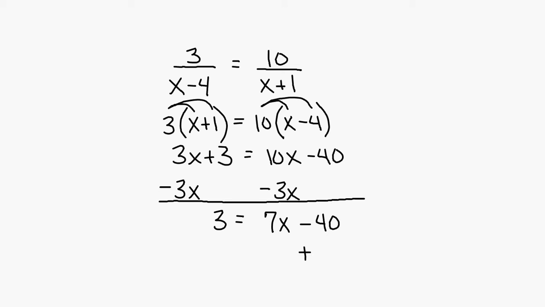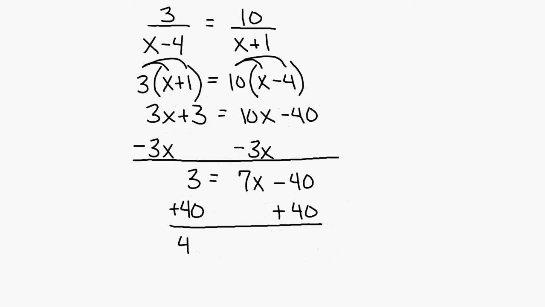Next would be to add 40 to both sides. So 43 would equal 7x. And then divide both sides by 7. That's 6.14, and that's going to be 6.1 is equal to x.